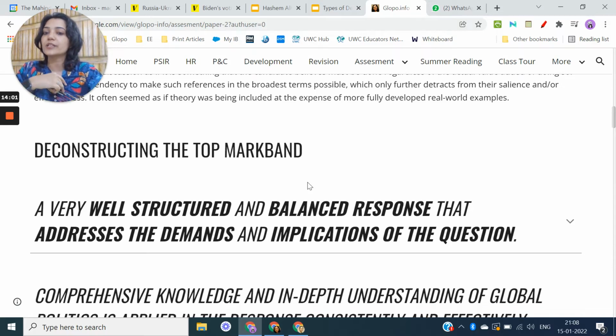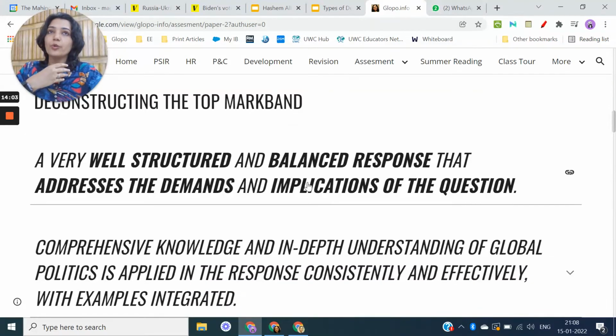What you have to read, if you want to be in the top mark band and decode the wording the examiner writes on your paper, is all of this. Number one is that the examiner expects you to write a well structured, balanced response that addresses the demands and implications of the question.